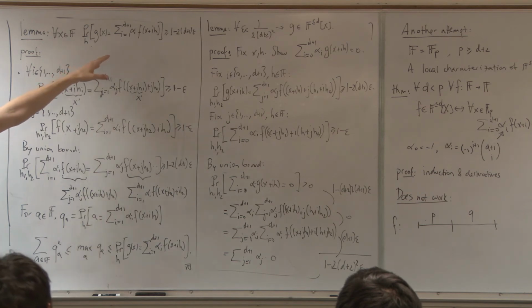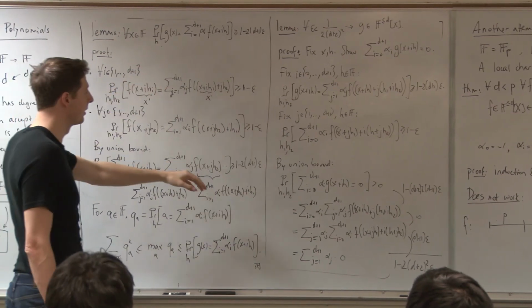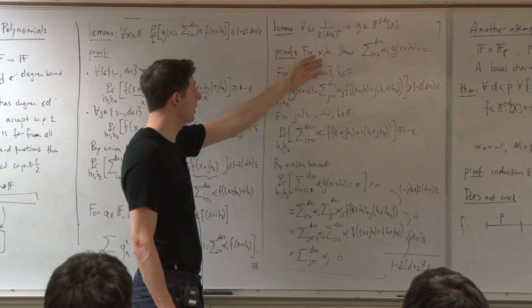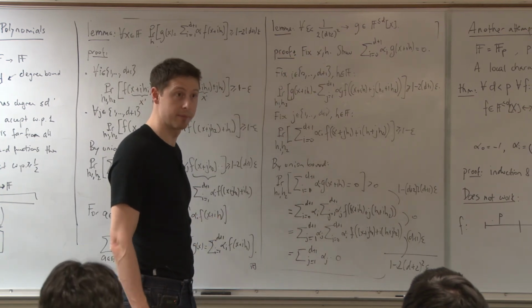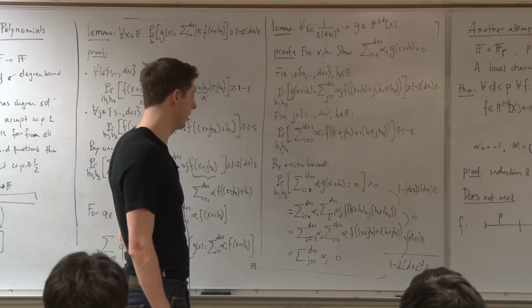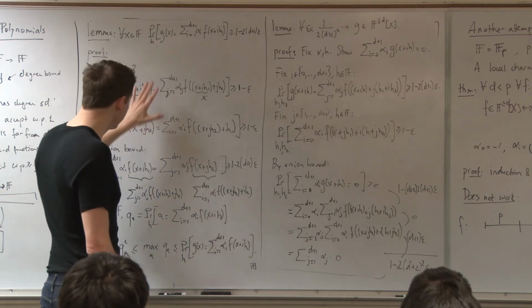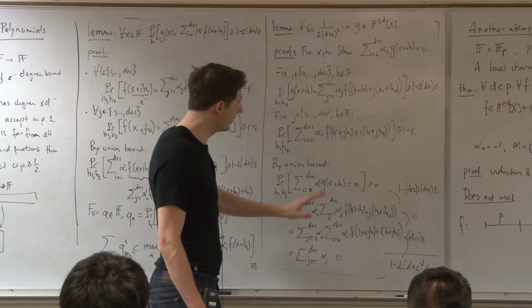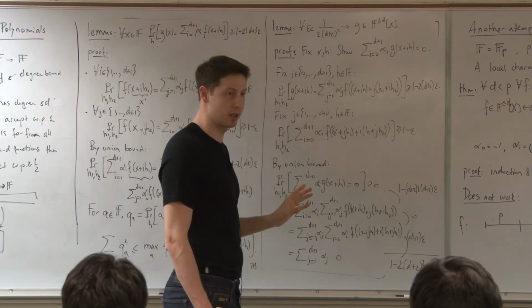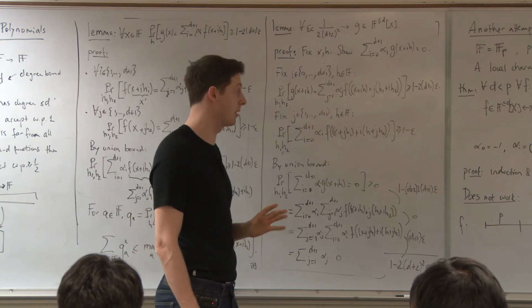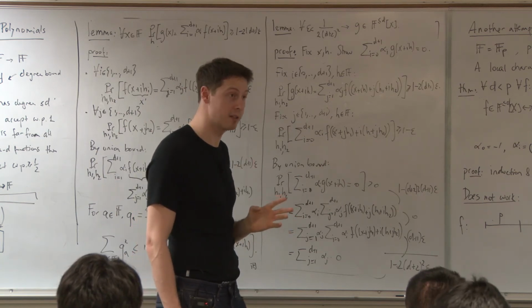G will agree with f with high probability, and because it does, G is low degree, provided epsilon is not too large. It's a very straightforward way of doing it. And again, both here and here, all we're using is the linear structure of the constraints. It doesn't matter whether it's the univariate or the multivariate case.